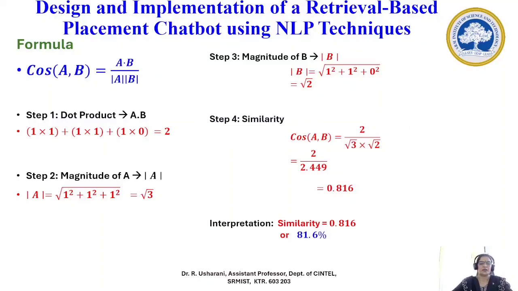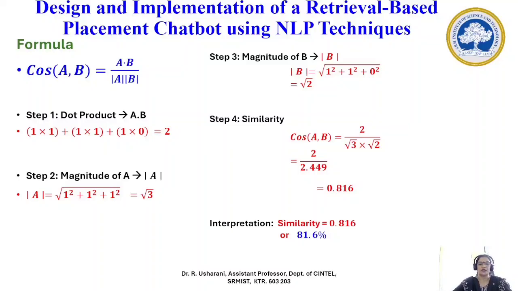Multiply these: 1 into 1, 1 into 1, and the remaining one is 0. This is equal to 2.